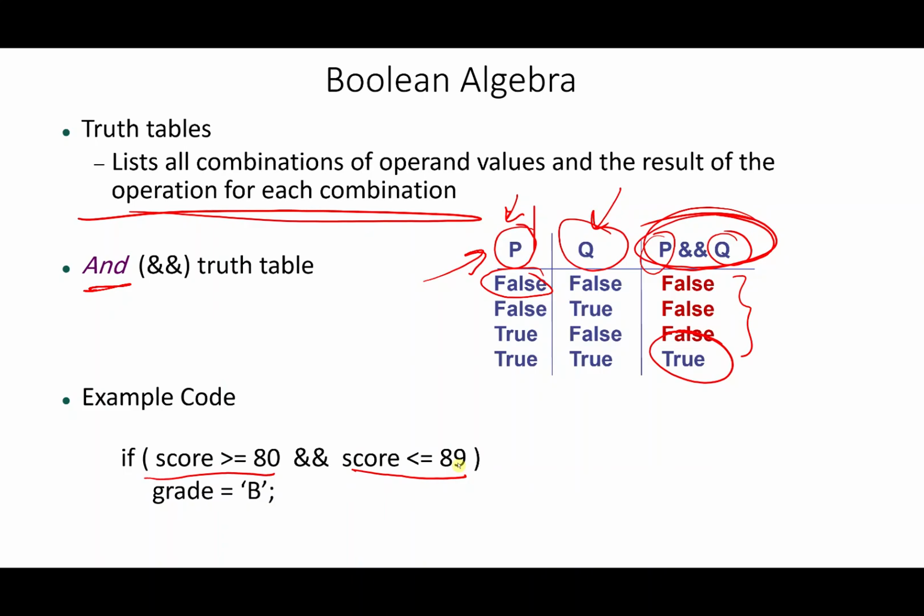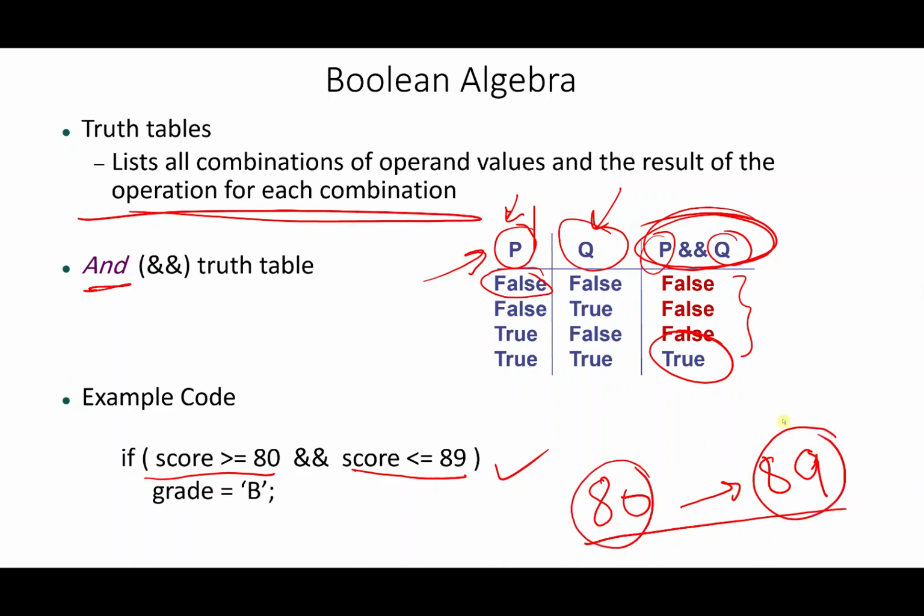Some of the most famous examples I'm going to give you for the and and for the or. For the and, you're great. I would say that if you get any number between 80 and 89, inclusive, including the 80, including the 89, I would give you a B. Now, how do I check those?